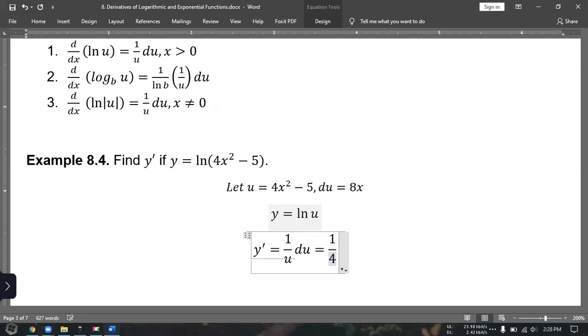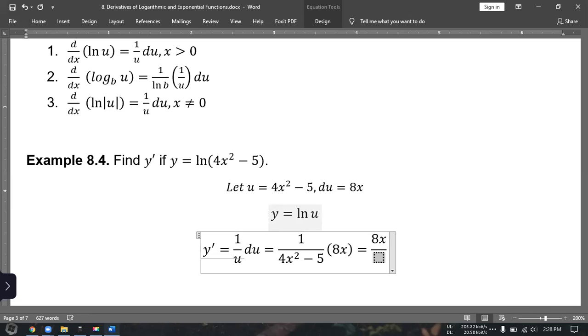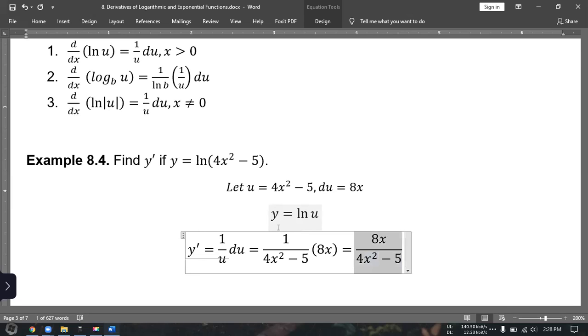And our du is 8x. Meaning to say, we have now our final answer, 8x over 4x squared minus 5. Here is our derivative: 8x over 4x squared minus 5.